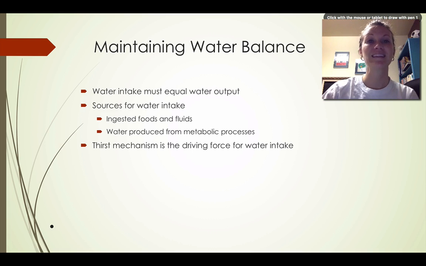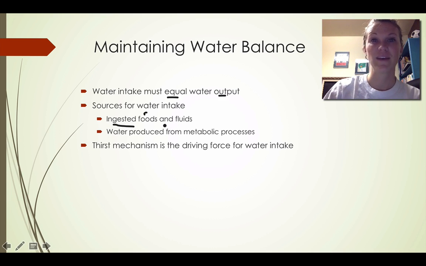So in order to maintain a water balance, basically water intake must be equal to the water output. That means that whatever fluid's coming in will be fluid going out as well. Sources for water intake include your ingested food, because there's water there, and also your fluids. Then water will also be produced from metabolic processes.